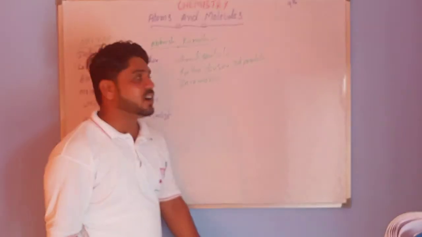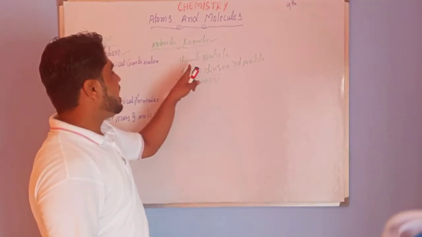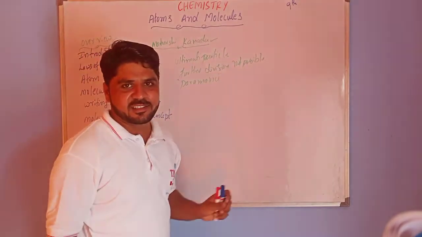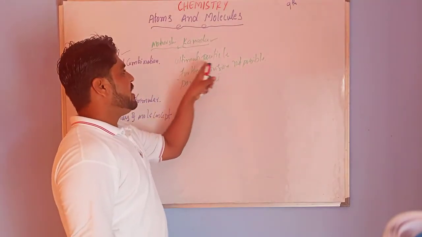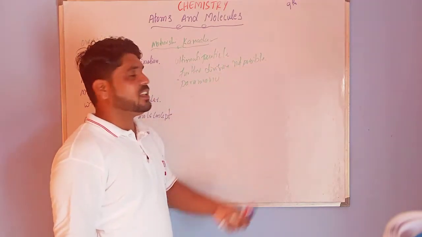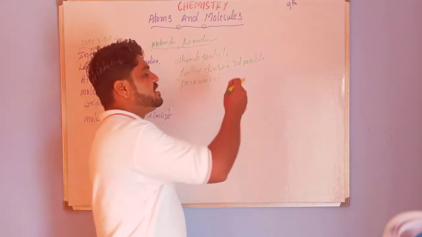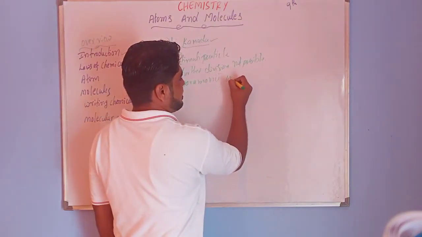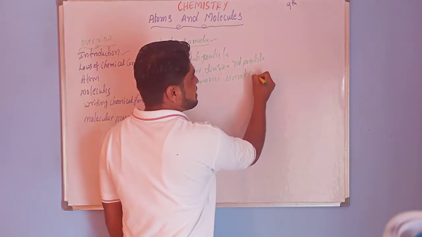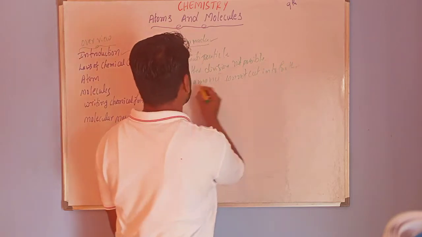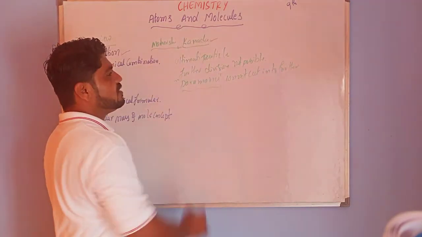What is meant by Paramanu? Paramanu means the ultimate particle, further division not possible. That means we cannot cut it further. This is what Paramanu is.